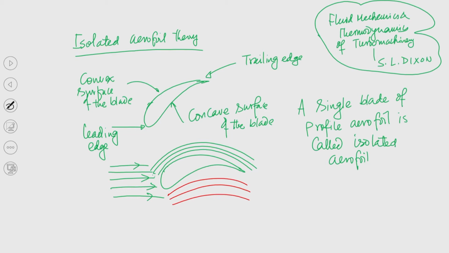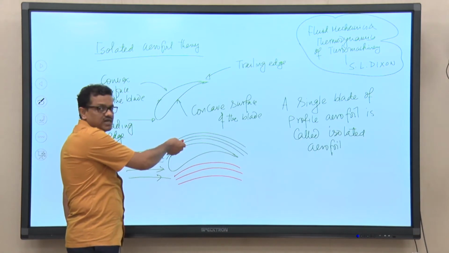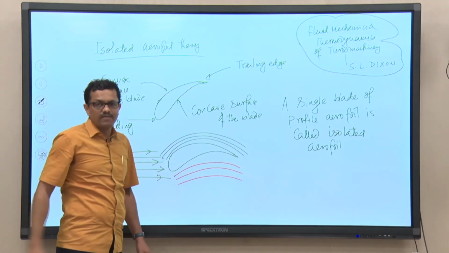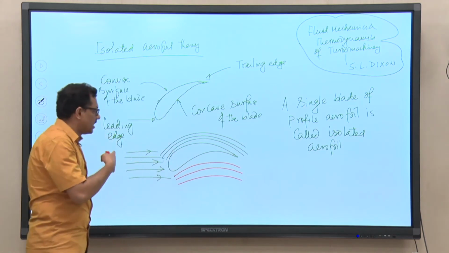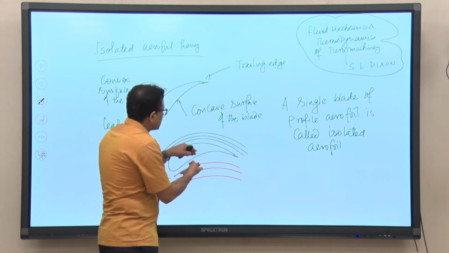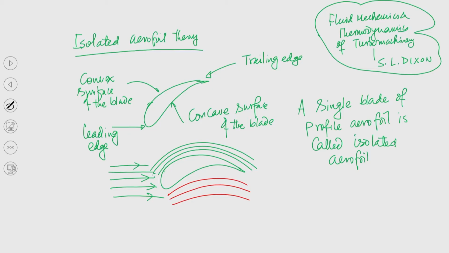So, you can see when flow is approaching this isolated airfoil, flow past this airfoil, and if we try to observe the streamlines, you can see streamlines are very close to each other on the convex side of the blade, and this is again I am talking about the isolated airfoil, and streamlines at the concave surface of the blade, they are not very close to each other, right.